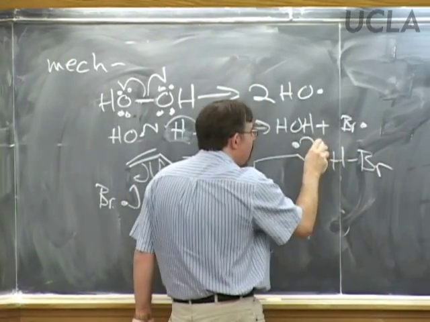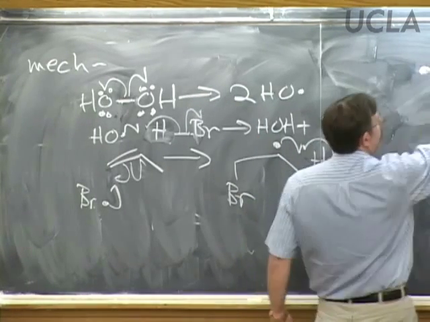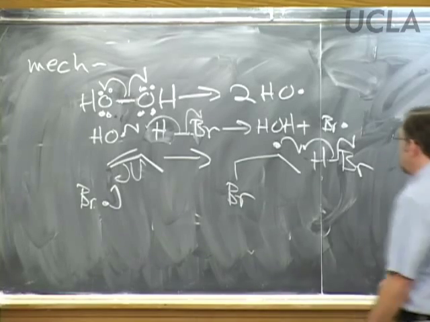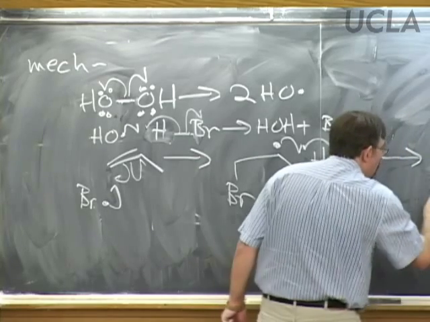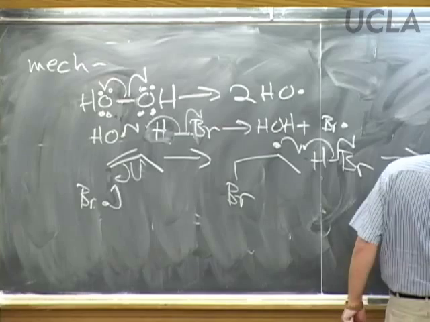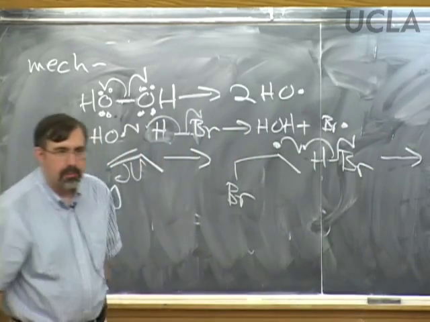So if we take the H from HBr, there's the hydrogen, there's the bromine, we make bromine dot, and what does that bromine radical do?